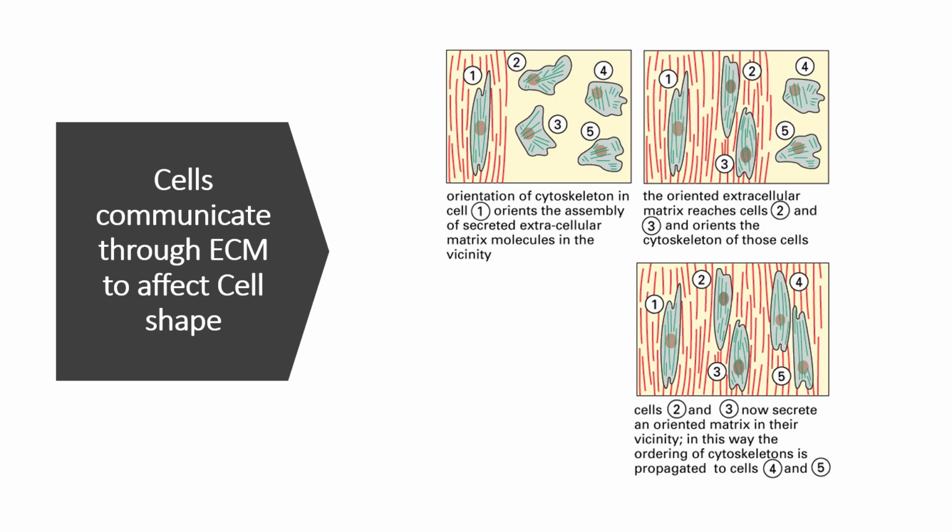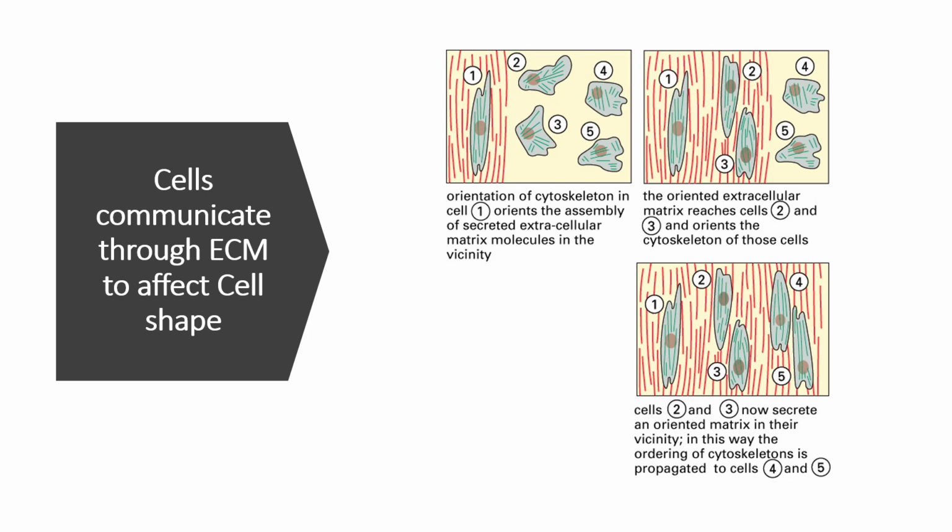The cells are able to communicate between themselves with the help of ECM, and ECM also affects the cell shape. The orientation of the cytoskeleton in a cell orients the assembly of secreted extracellular matrix molecules in the vicinity.